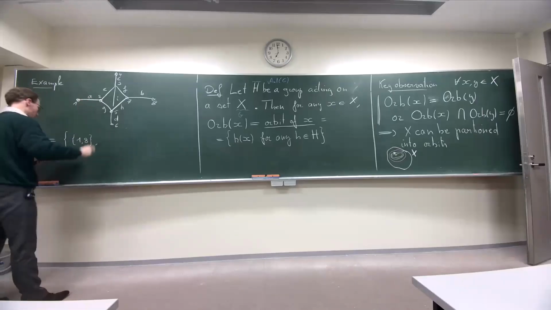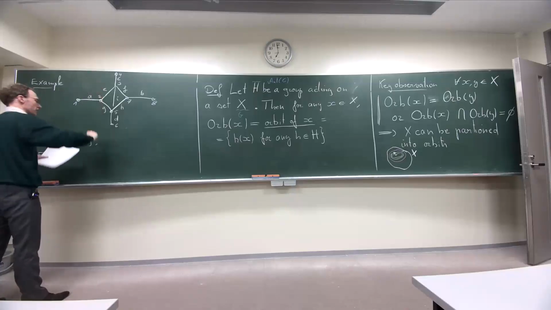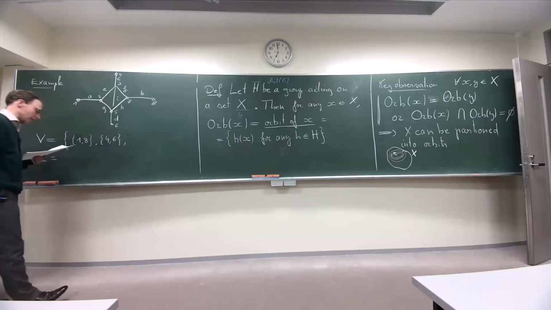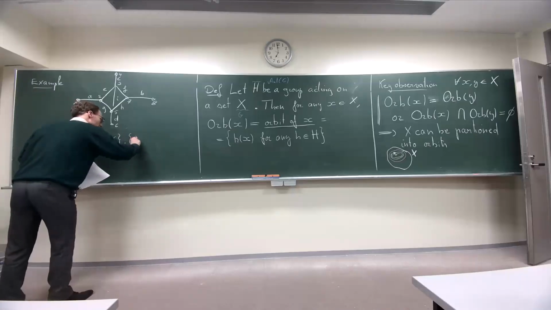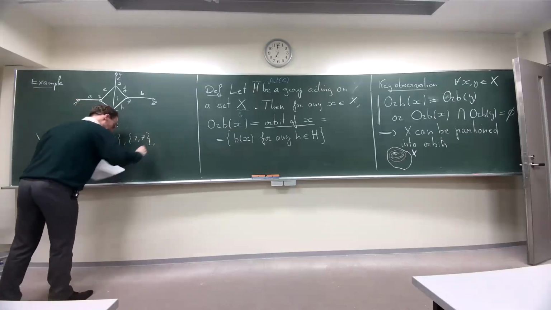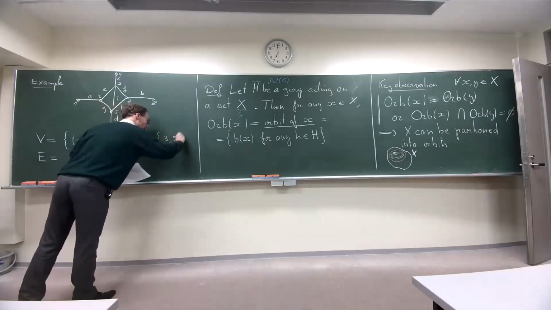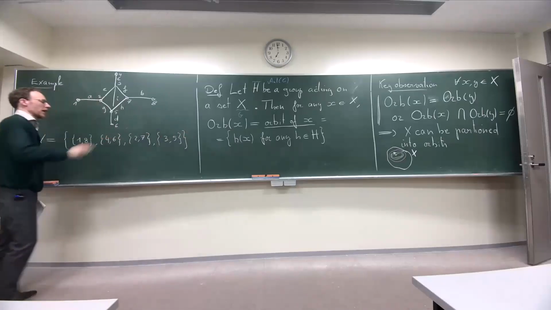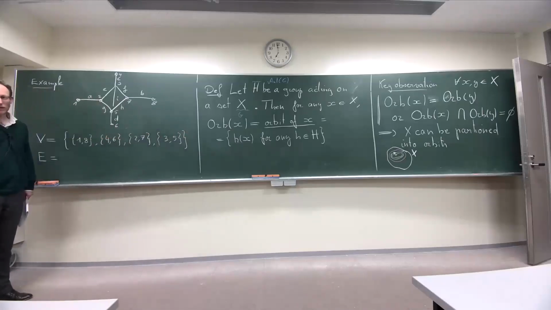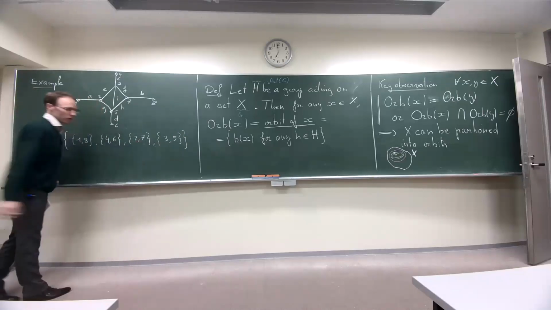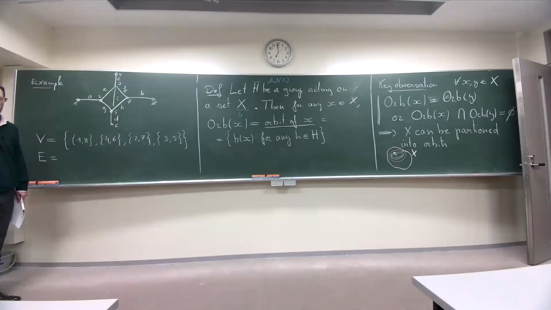Then for the second one, 4 and 6 go together. You have 2 and 7, and you have 3 and 5. You can see we have all vertices, but they are put together. This is one orbit, this is one orbit, this is one orbit, this is one orbit for the set of vertices.